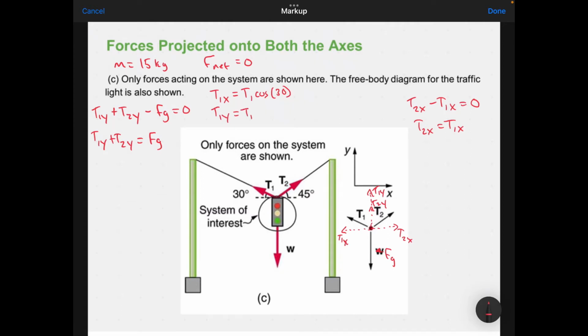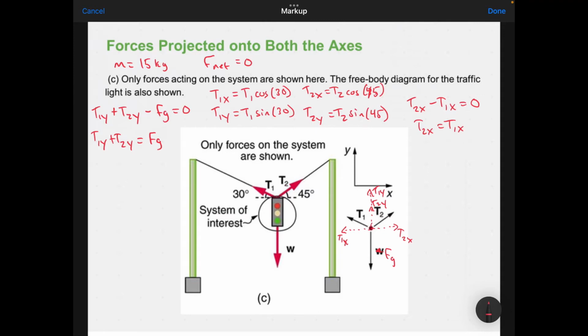T1Y then is going to be T1 times sine of 30. T2X is going to be T2 cosine of 45. Different angles. And T2Y is T2 sine of 45.